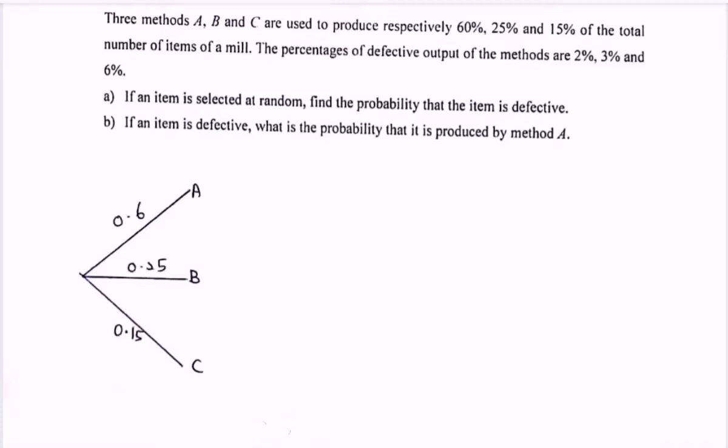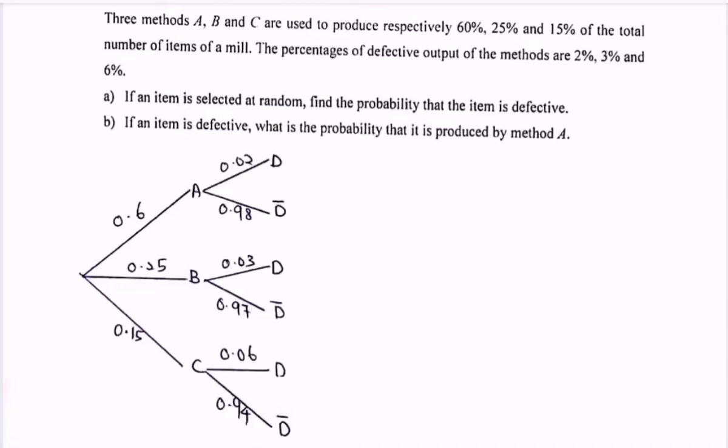Next, continue. The percentage of defective output of the methods are 2% for A, 3% for B, and 6% for C. So that means we are focusing on the defective output. Here we are going to split A, B, and C into defective and non-defective. For A, we have the defective and the non-defective, where 2% means 0.02.